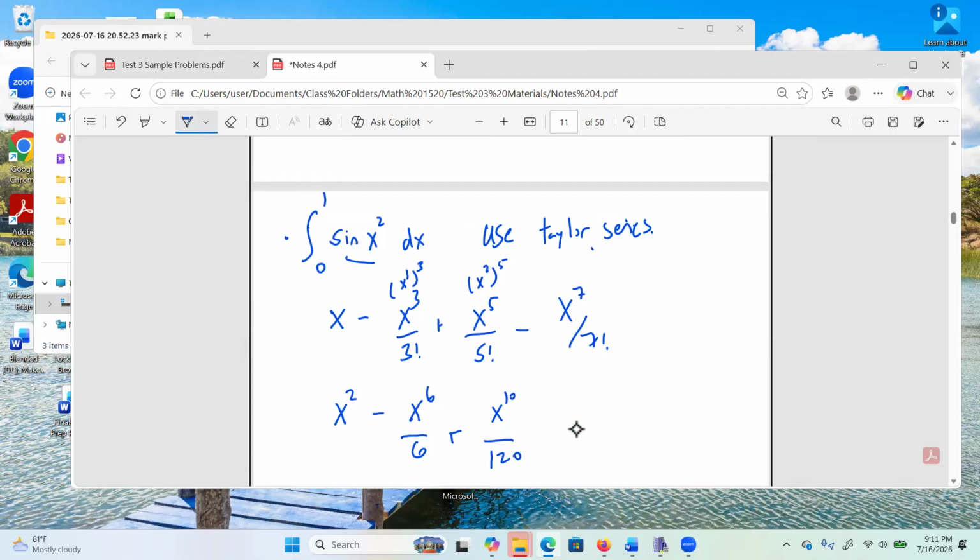Minus, and again, we have x squared raised to the 7th power. That's going to be x to the 14th over, and of course, 7 factorial is 5040.